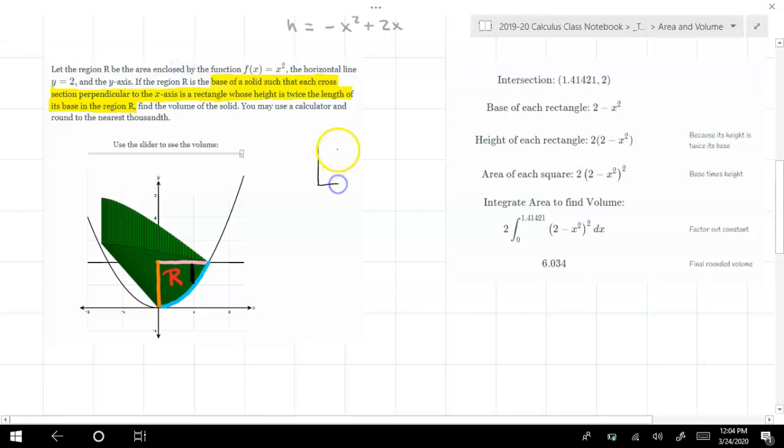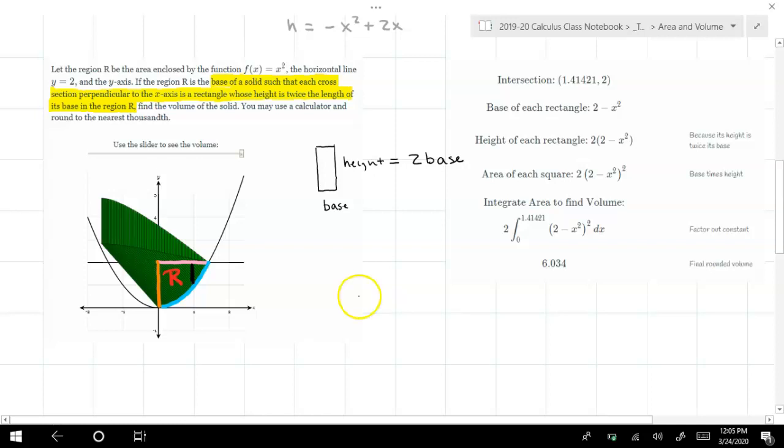So we're starting with a rectangle, with the base in region R, and the height is twice the length of the base.